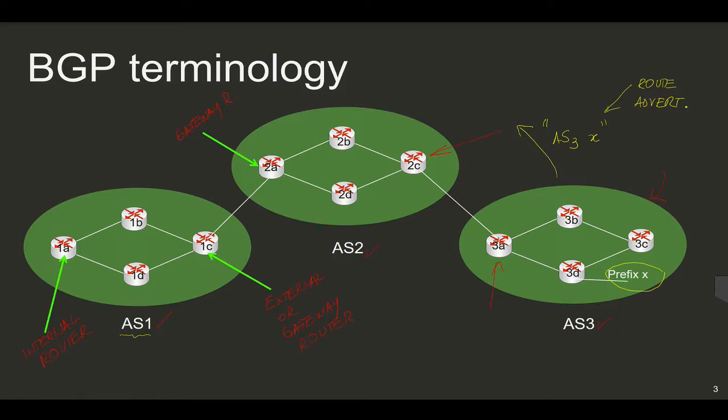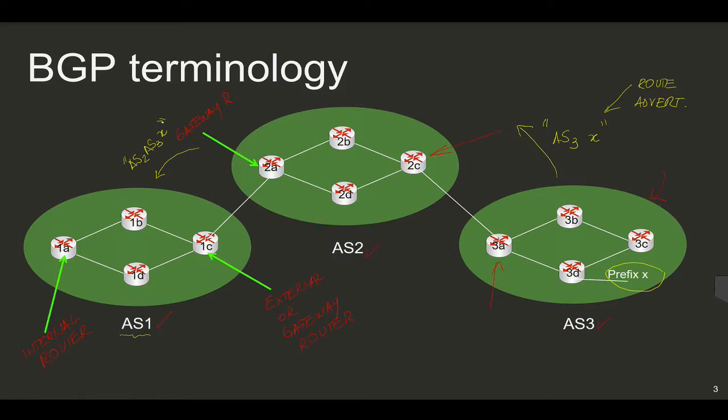Autonomous system 2 in turn is going to use BGP to tell autonomous system 1, I am autonomous system 2, and if you go through autonomous system 3, you can reach X. In this way, autonomous system 1 knows that it can reach X by going through autonomous system 2 and then autonomous system 3, and then reaching any prefixes that belong to X.